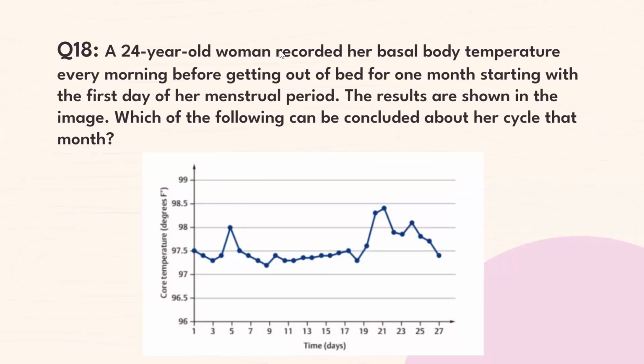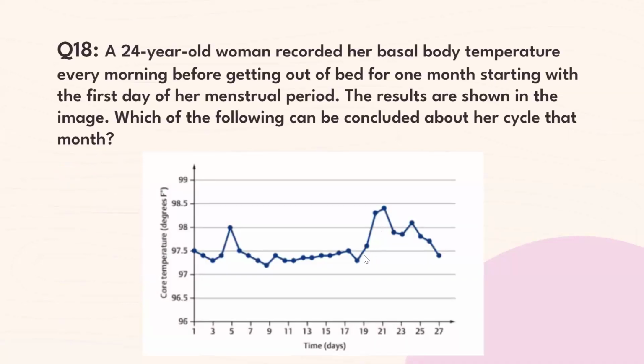Shorter luteal phase, but still 14 days. So you're right, it is a shorter luteal phase. And why is that? Because at ovulation, we know that there is a spike in the body temperature. So let's assume that most likely the ovulation occurred here, which would be day 21. Contrast that to the ovulation that occurs at day 14, which is the more common time period for ovulation.